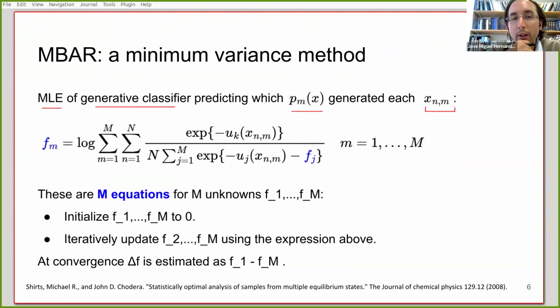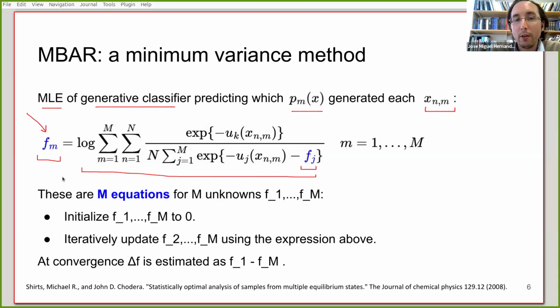Okay. If you solve that maximum likelihood problem, you will get an update. If you try to solve that problem by setting the gradient of the log likelihood to 0, you will get an update for the log normalization constant of each distribution of this form. And it says that the log normalizer of the mth distribution depends on the log normalizers of the other distributions according to this expression.